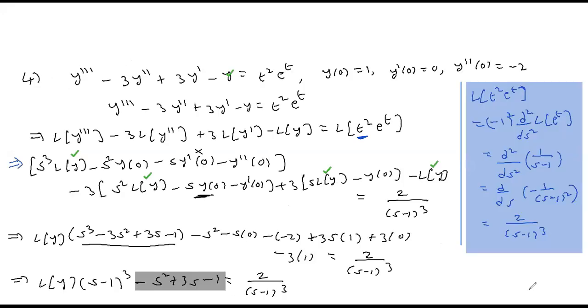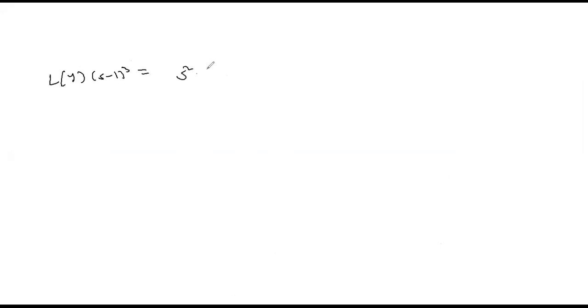L of y into (s minus 1) whole cube is equal to s square minus 3s plus 1, plus 2 by (s minus 1) whole cube.